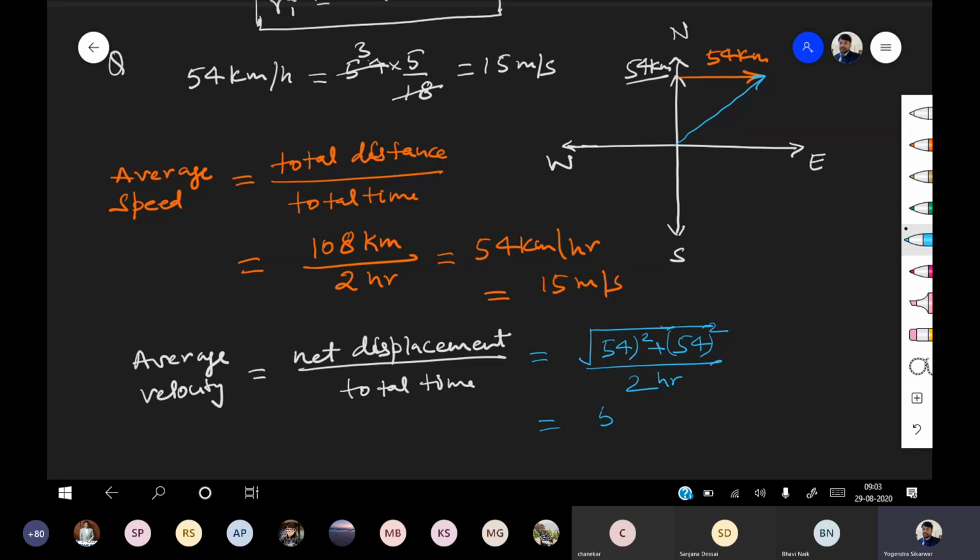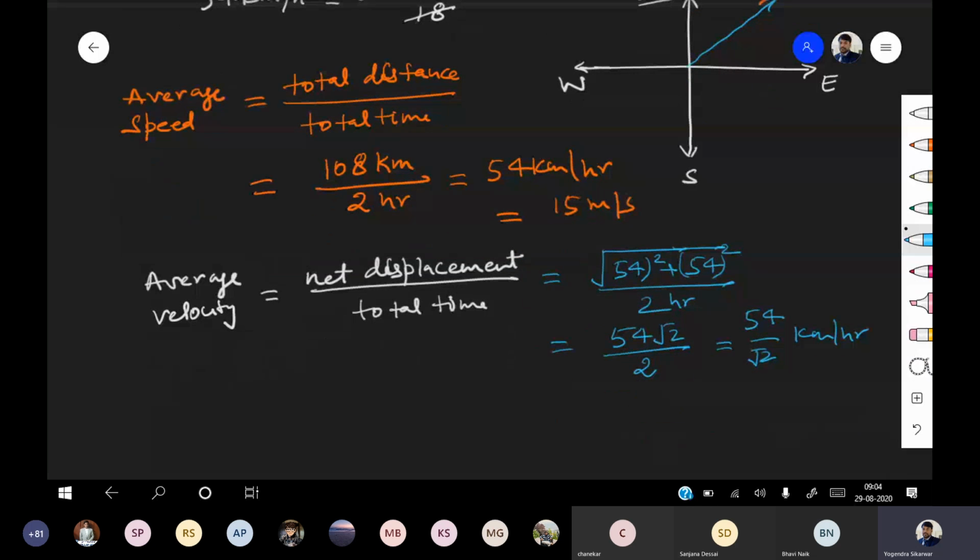So that becomes 54 root 2 upon 2. So that will be 54 by root 2. This is kilometer per hour.